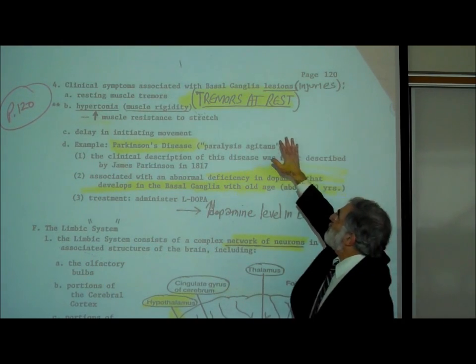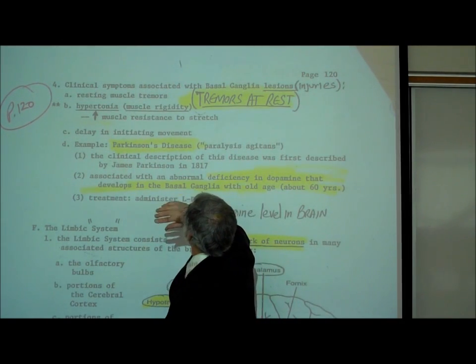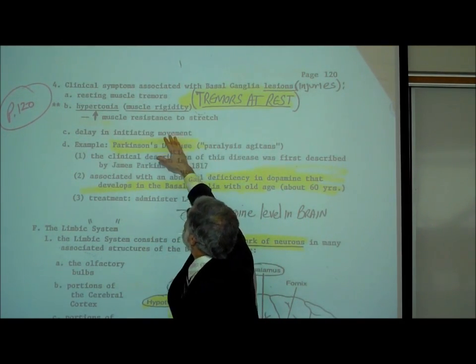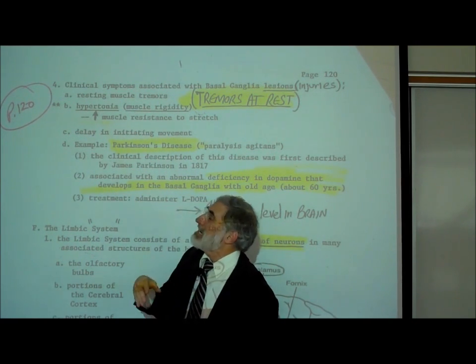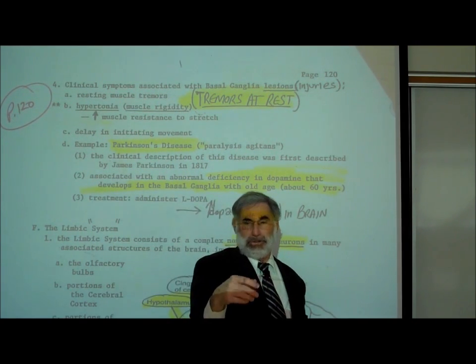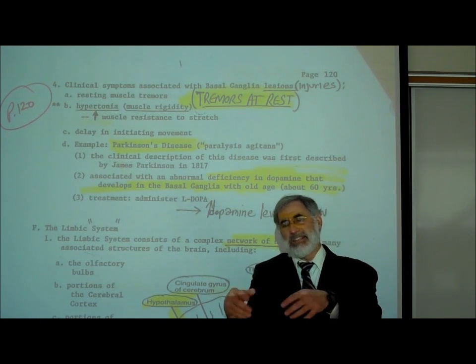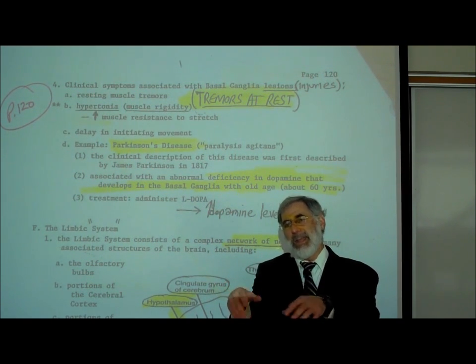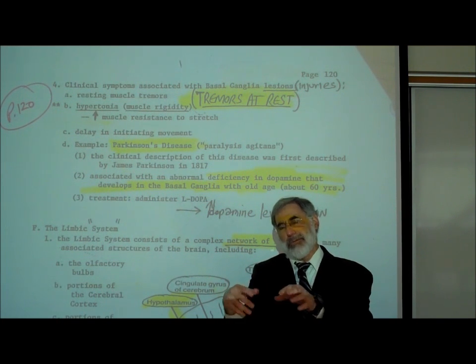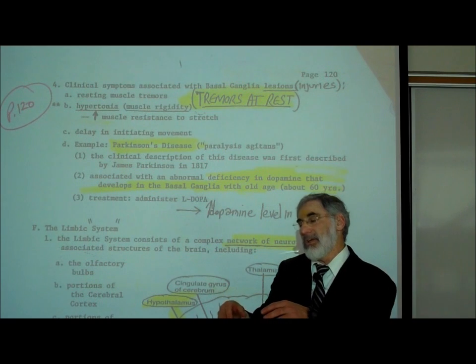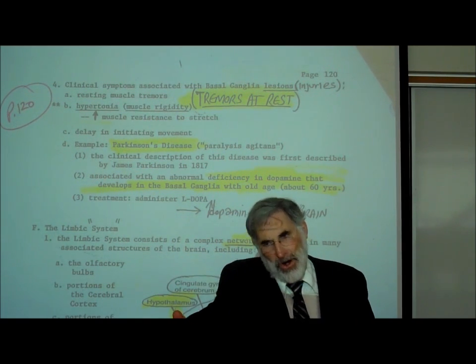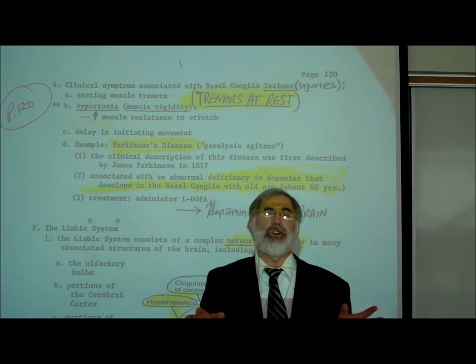On page 120, we wrote that when there is injury or lesion to the basal ganglia, there are resting tremors, muscle tremors, where the person exhibits the involuntary activation of somatic motor neurons to the skeletal muscles when they're at rest. Interestingly, when they're actually moving their hands, the tremors go away.